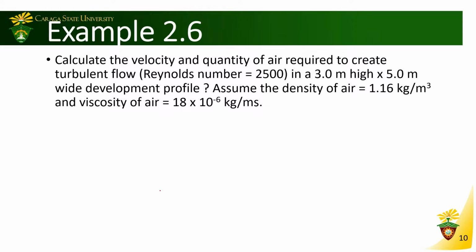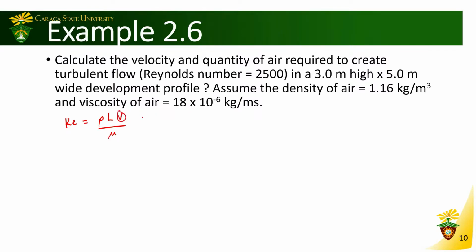So we could use our equation, where the Reynolds number is equal to, of course, the inertial over the viscous forces. So inertial refers to rho L V over mu. This would be the density times the characteristic dimension or length times the velocity, over the viscosity.